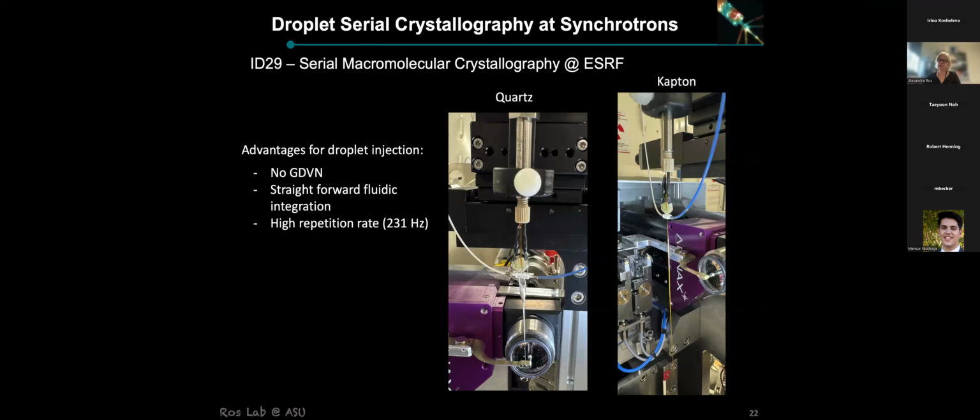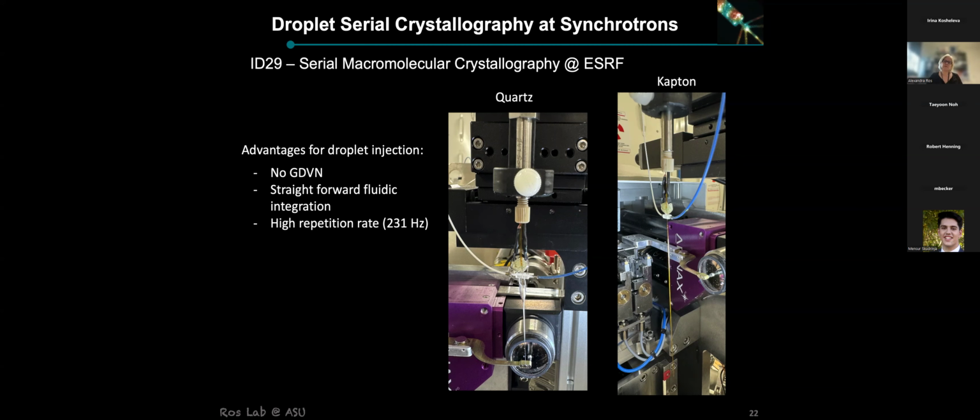Okay, so this was a story about XFEL work with this droplet injector. And so we thought that, with the advances at synchrotron beamlines, we could also look into using these droplet injectors at synchrotrons. And so our first attempts were at ID29 at ESRF, at the serial macromolecular crystallography beamline.